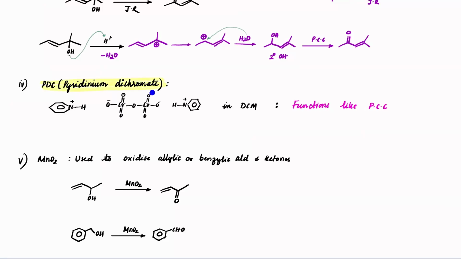So we have this dichromate with pyridinium ions attached to it. When you add this salt to dichloromethane, this is called PDC and it functions exactly like PCC. So there is no difference as such. It will also do the same job as what PCC does.